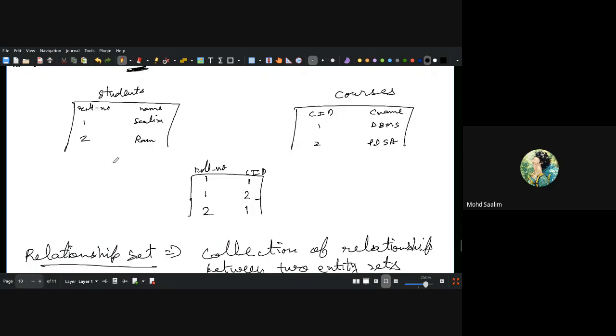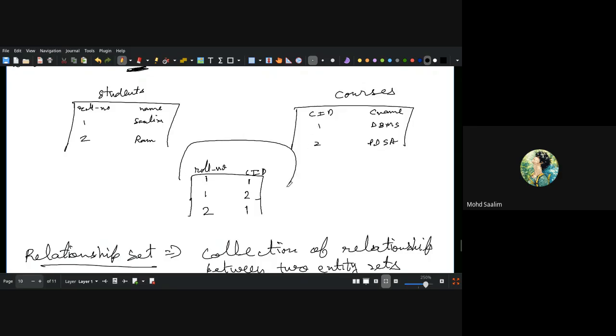Okay. So see, whenever you see a table, you can say that every single row of students or courses can be called an entity.